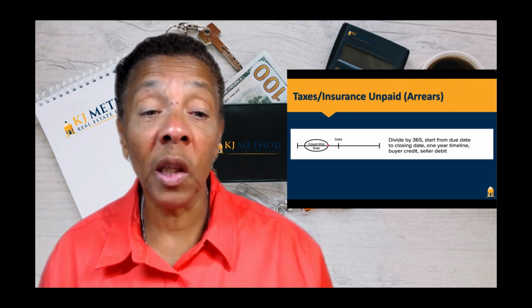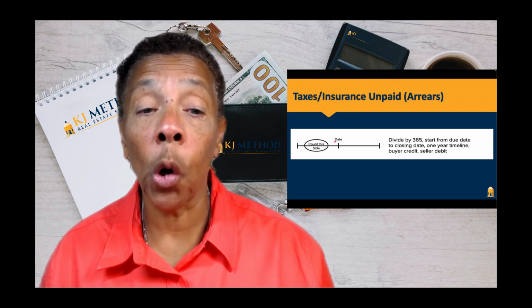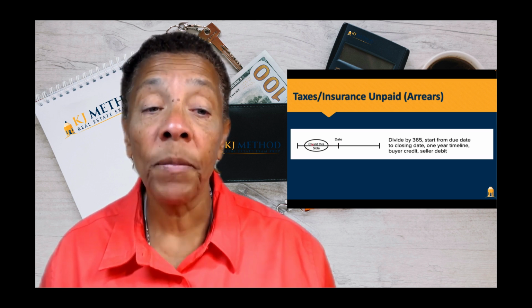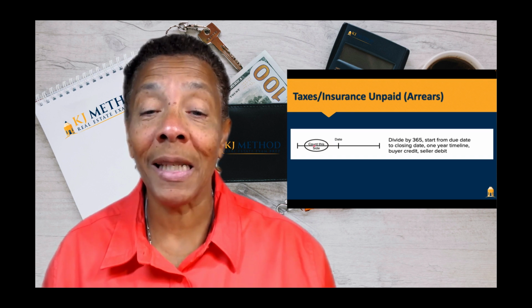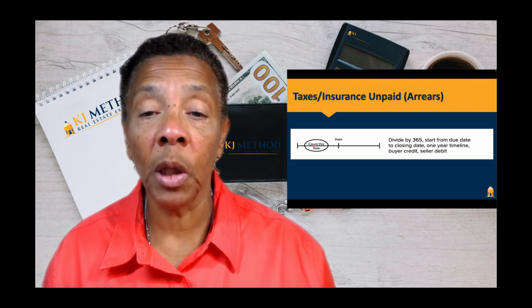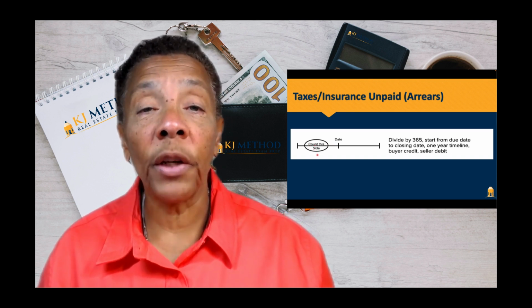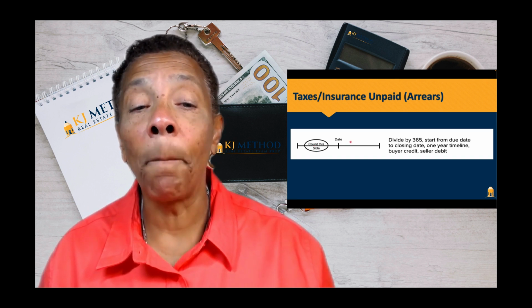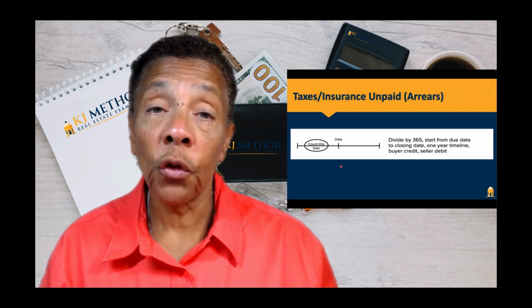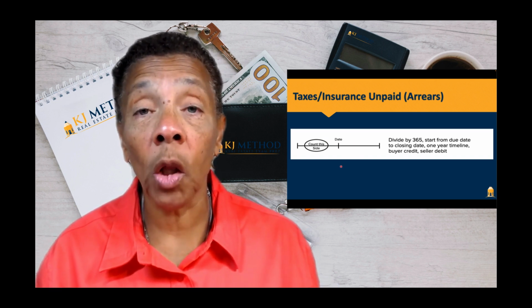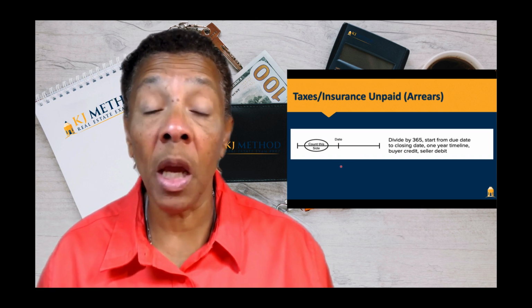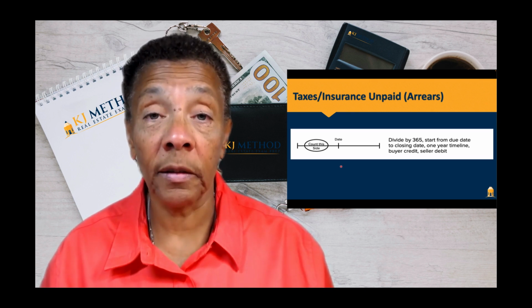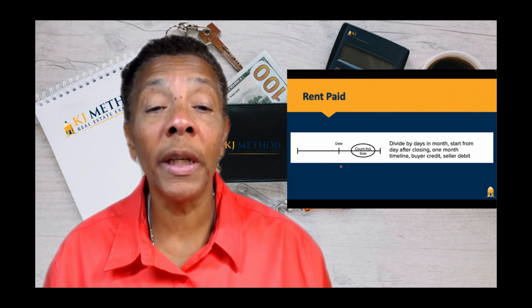The seller's been living there and then they're going to close, right? And so we're going to count this side of the timeline. In this situation, the seller would then be debited and the buyer would be credited. So when the buyer gets that money from the seller, the buyer is then going to be able to pay those taxes.